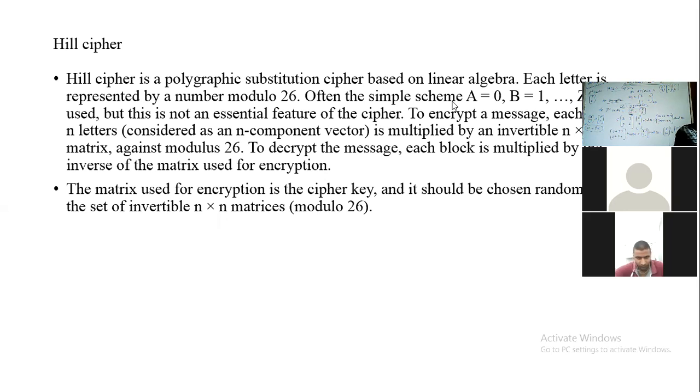No, Anchal Mitra, the plain text vector is in the form of n into 1. We have to multiply the key with the plain text vector, so it should be n into 1. Clear?